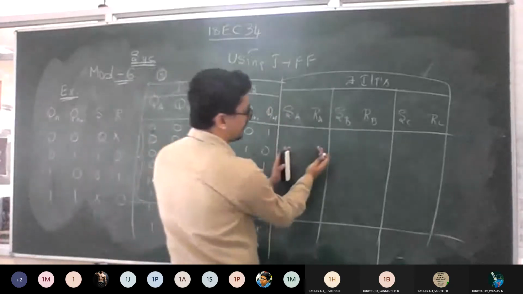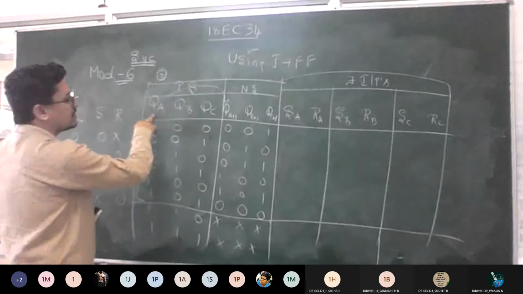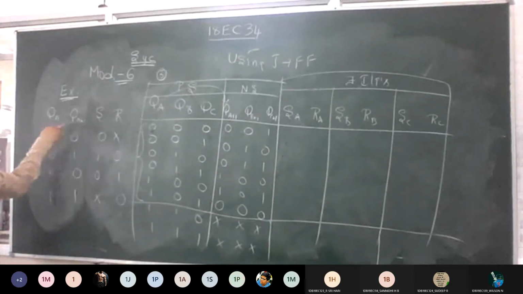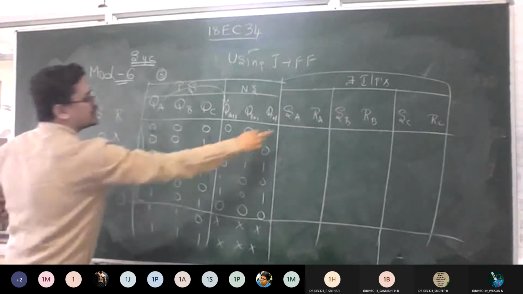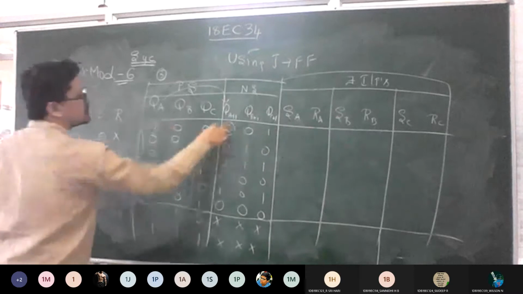Okay. So now I am telling how to fill this individual one. This is one flip-flop excitation, right? You need to verify QA and QA plus 1. So look here. QN plus 1. What is the corresponding SR you wrote? You need to climb here. So look at the first input 0, 0.